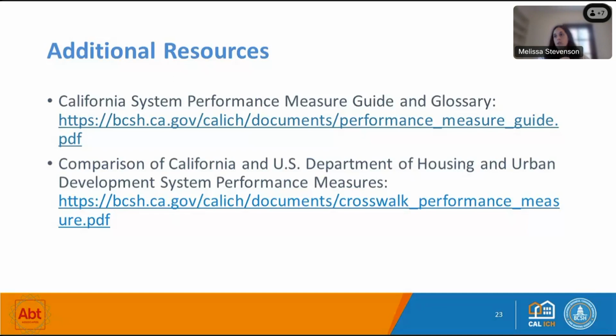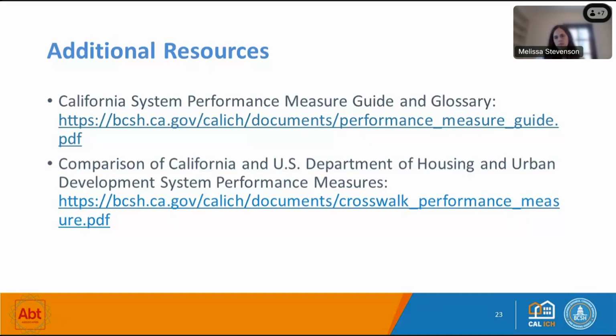And there's also that comparison of the California and the HUD system performance measures, which are two separate reports, just to be clear. We're not submitting California's SPMs to HUD. Those are separate. I know a lot of folks are used to those HUD measures though, so it might be a good thing to look at that comparison.